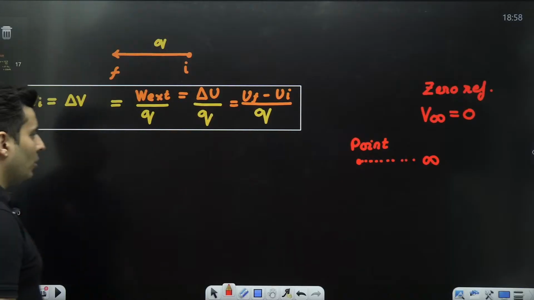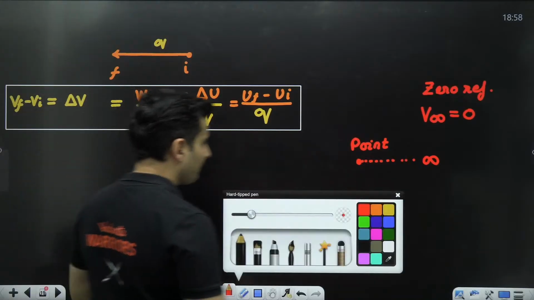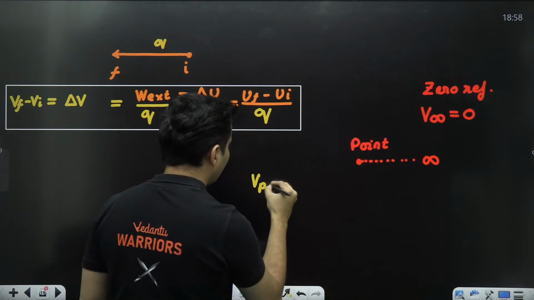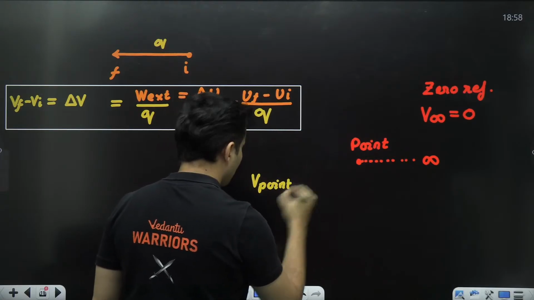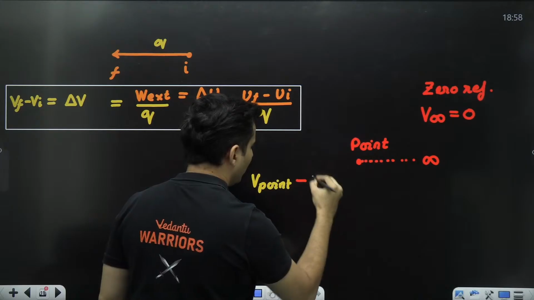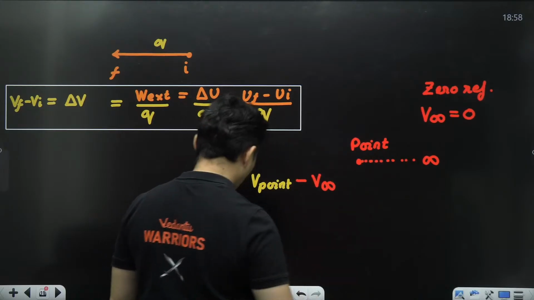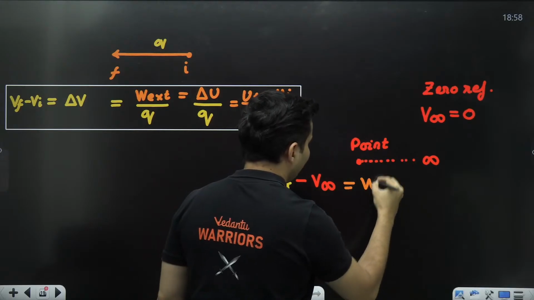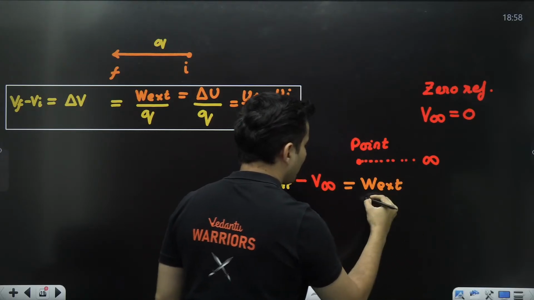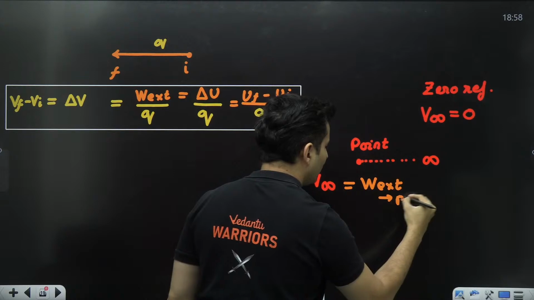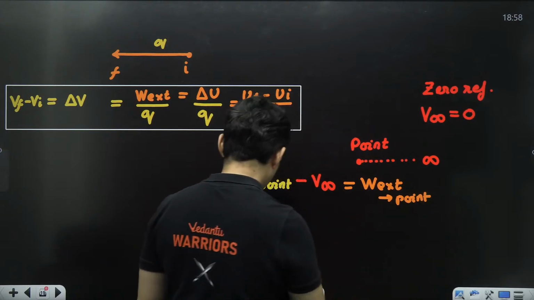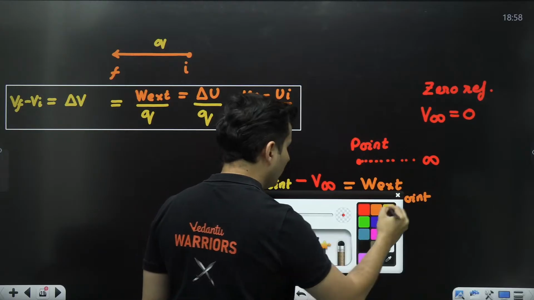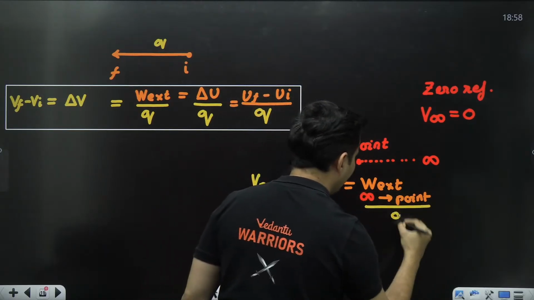So coming back over here, I can simply say the potential at that particular point minus the potential at infinity is equal to the work done externally from infinity to that particular point, the whole thing divided by our test charge.